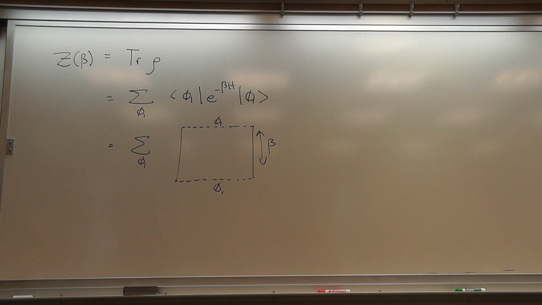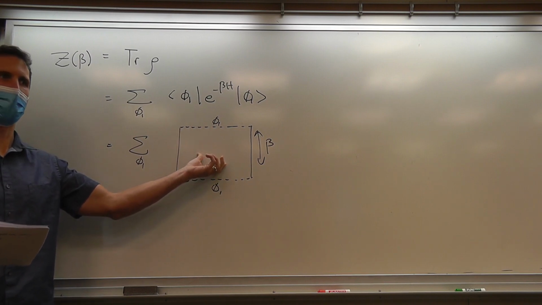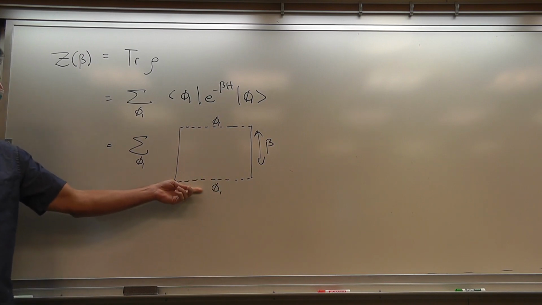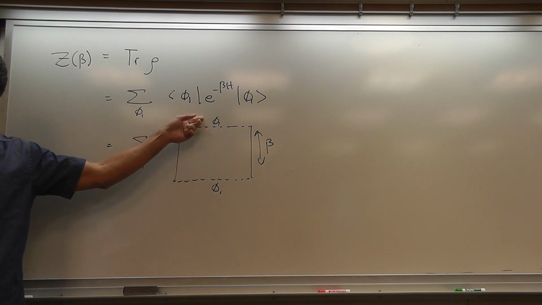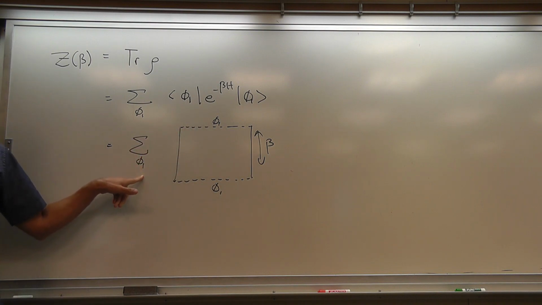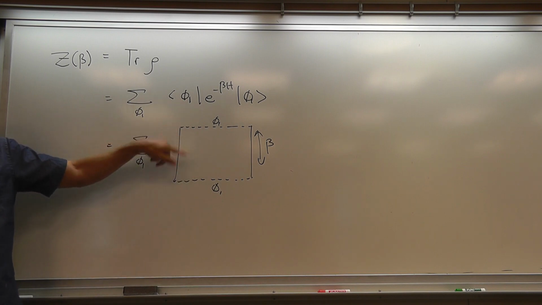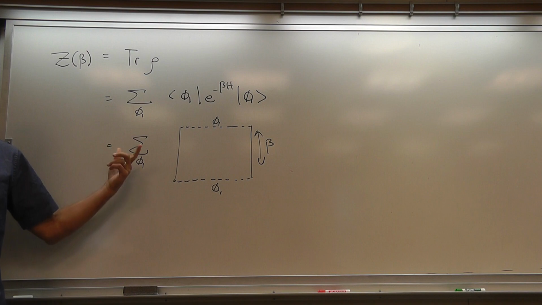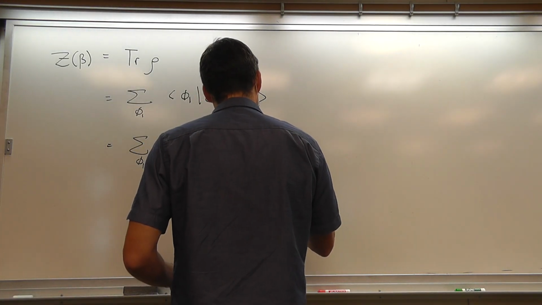Okay, so remember what these pictures mean. They're all integrals, and this integral is just a path integral where we put boundary condition phi 1 at the bottom, and we put boundary condition phi 1 at the top, but then we sum over phi 1. So we're really just allowing phi 1 to be anything, but putting periodic boundary conditions on this path integral. Okay, so this is just periodic boundary conditions.